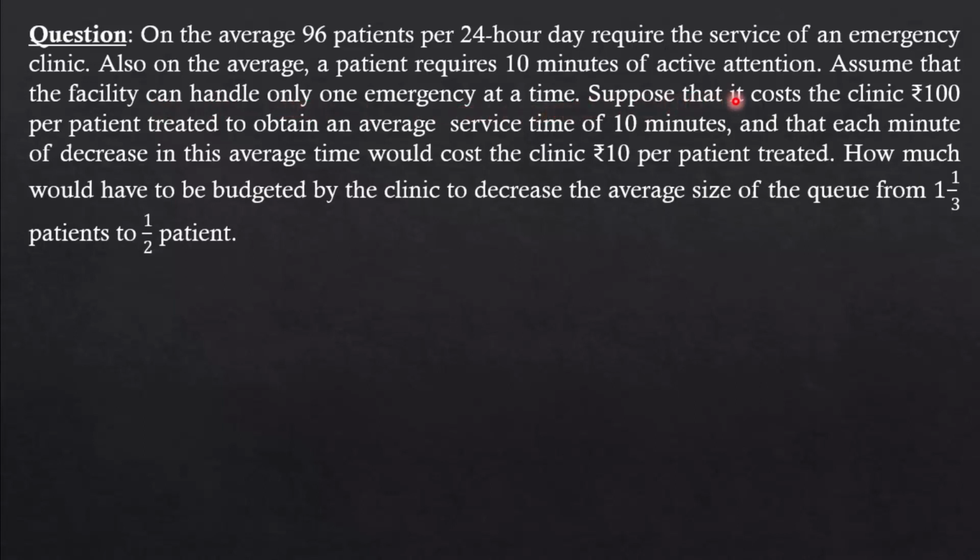Suppose that it costs the clinic rupees 100 per patient treated to obtain an average service time of 10 minutes, and that each minute of decrease in this average time would cost the clinic rupees 10 per patient treated. How much would have to be budgeted by the clinic to decrease the average size of the queue from 1 by 3 patients to 1 by 2 patients?